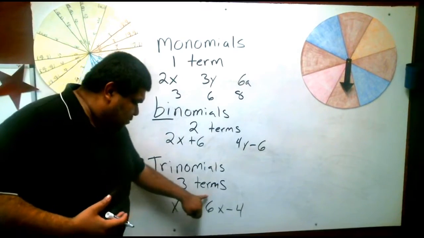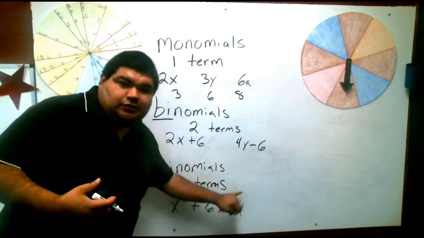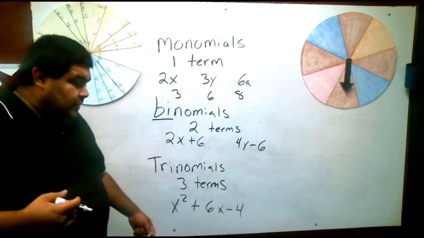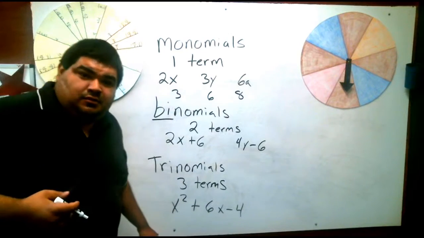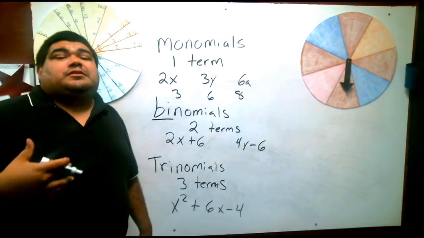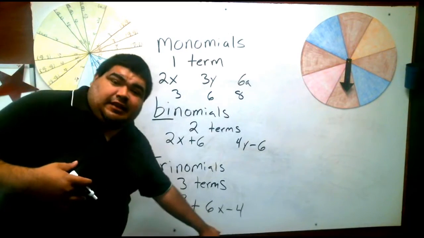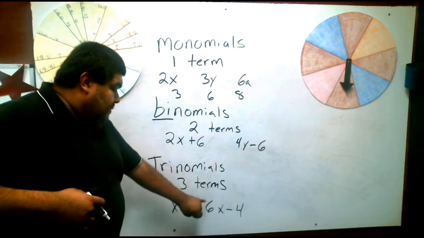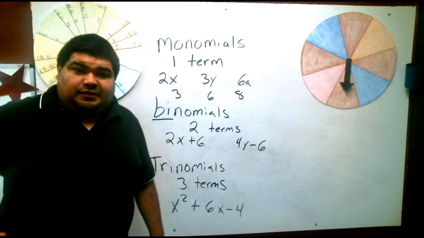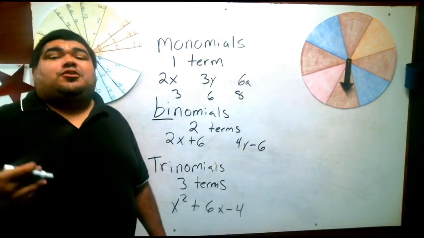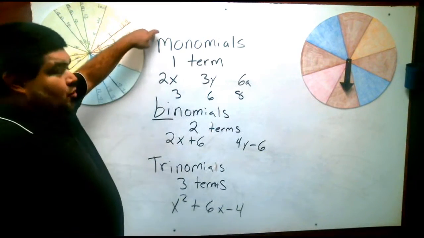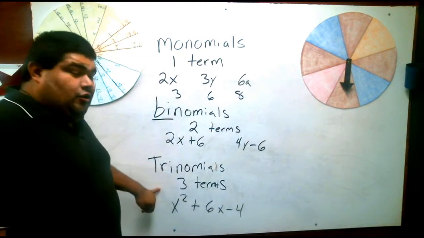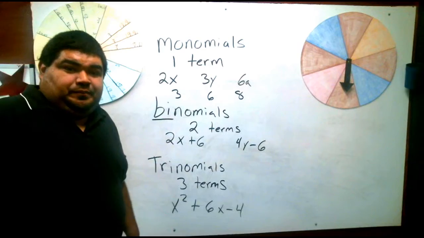One term, two terms, three terms. So we have a total of three terms. These are called trinomials. When you have it set up like this, it's also known as a quadratic equation. But for the purpose of today, remember, we're only learning the nomials: monomials, 1 term, binomials, 2 terms, trinomials, 3 terms.